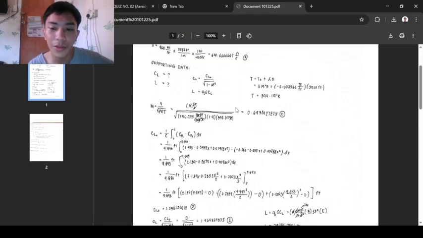Upon computing the Mach number, we're gonna end up having 0.6932427275. So we're gonna store that in function C.